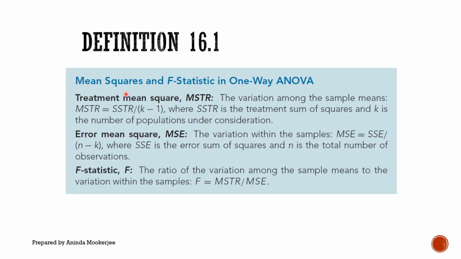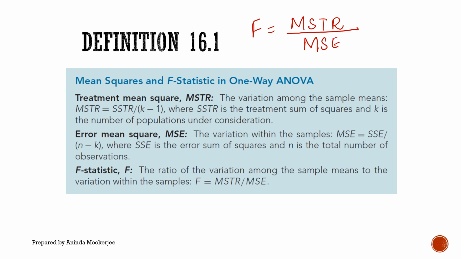So let's look at what we just discussed, mean squares and the F statistic in a one-way ANOVA. MSTR, like we said, is the treatment mean square. MSTR is the numerator in the formula for the F value. In the previous slide, we had MSTR, treatment square of means, over MSE, error square of means.